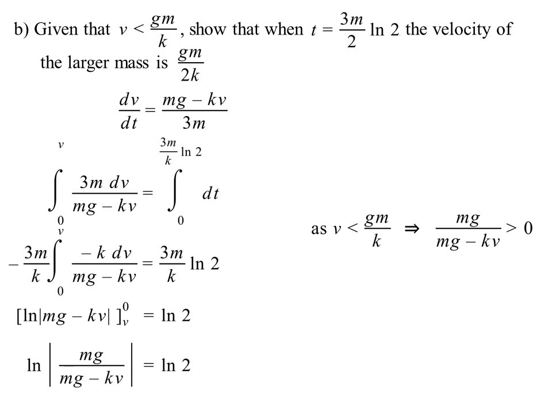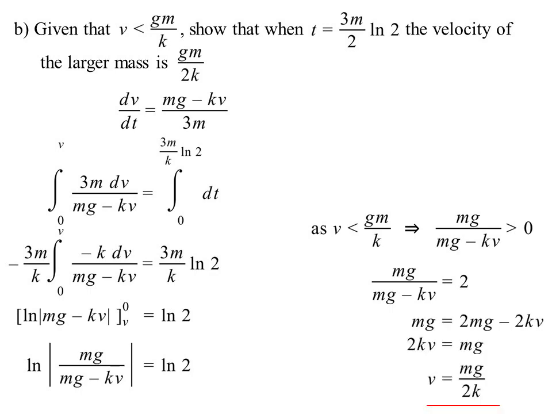Well, if that's true, that thing that I'm finding there, the mg on mg minus kv, I know is positive. No way I could get a negative number there. I guess what I'm saying is I don't need the absolute values. Therefore, I can just say mg on mg minus kv must be 2. It's not going to be negative 2. Solving that, we get v is mg on 2k.